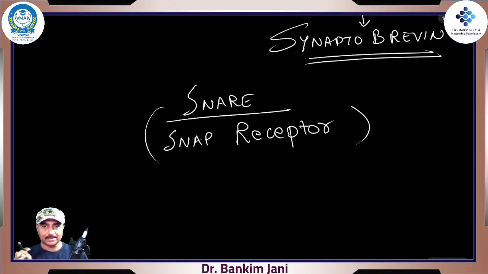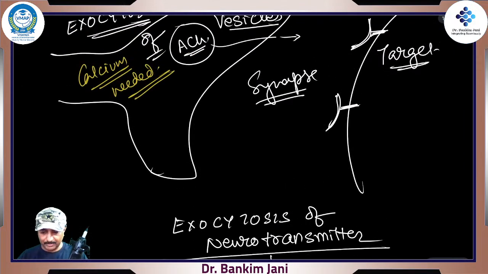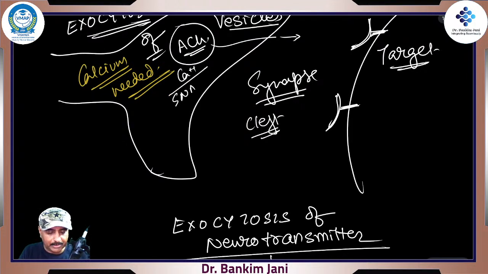It means this is a site which will be helping in releasing the neurotransmitter into the synaptic cleft. This is the synapse, so this is the cleft, the synaptic cleft, the space in which these neurotransmitters should be released. So we know that calcium is needed plus this SNARE protein is needed.